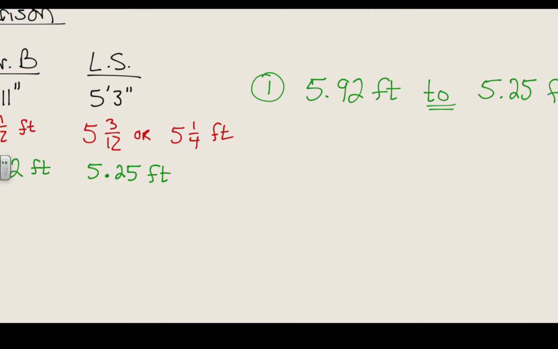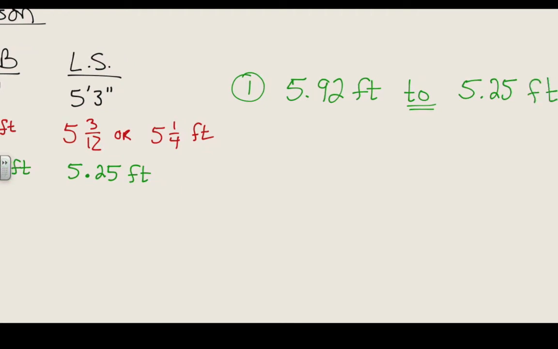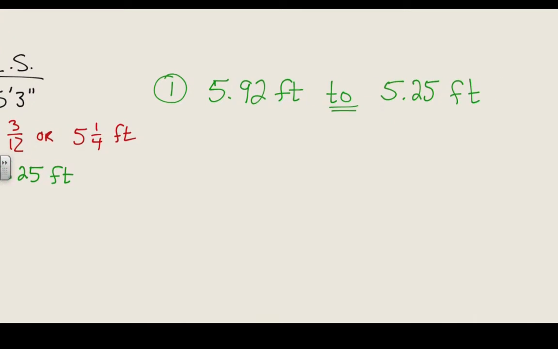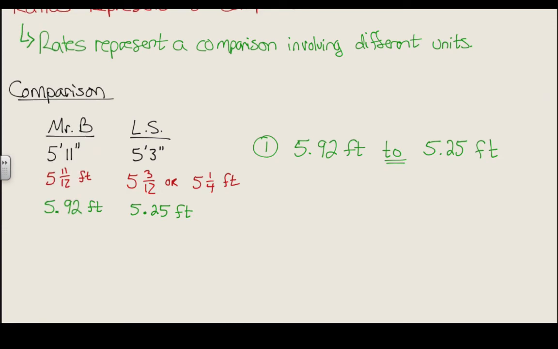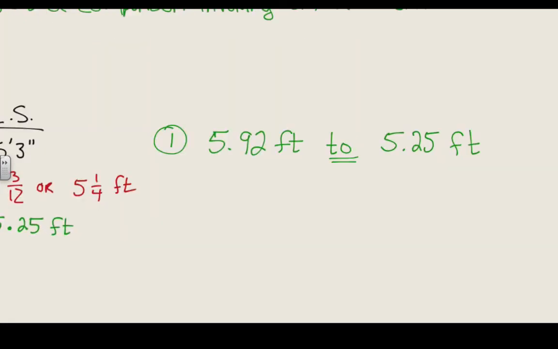That would be the first way I could write a ratio. Depends on how you're comparing it. It could go either way. It doesn't necessarily matter, but I'll tell you what I would like you to do in just a minute, because we're going to look at the fraction in just a little more detail.